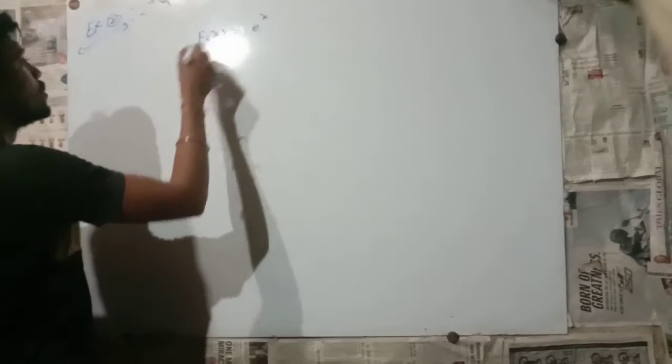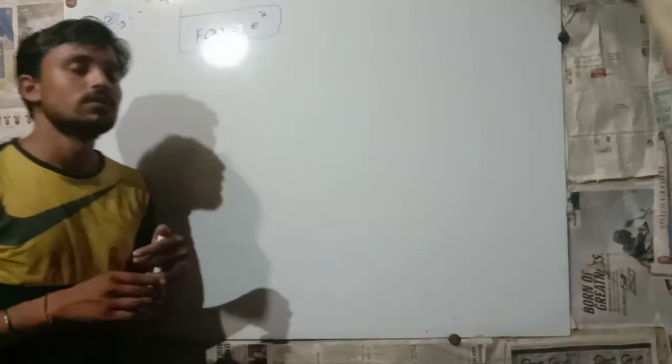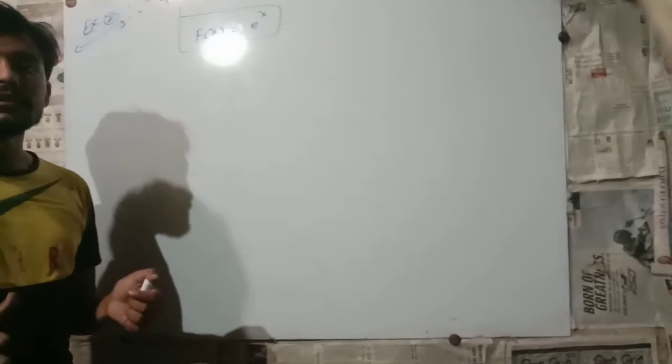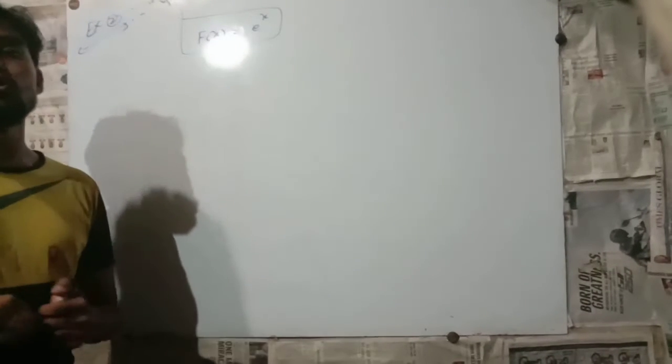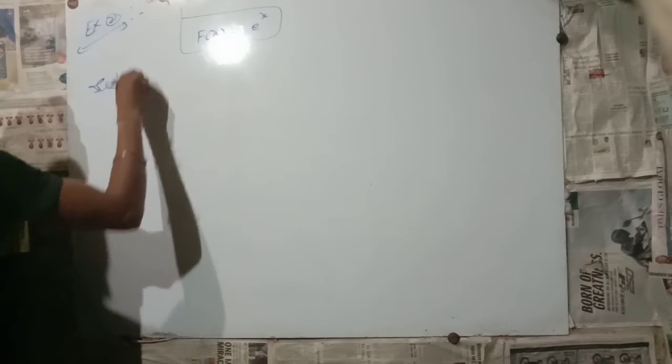You know very well that the differentiation and integration of e to the power x is e to the power x. There can be no change in this. So how? We are going to prove it. Now this is very simple. How to create the authentic solution of this? So you can come here. Solution.